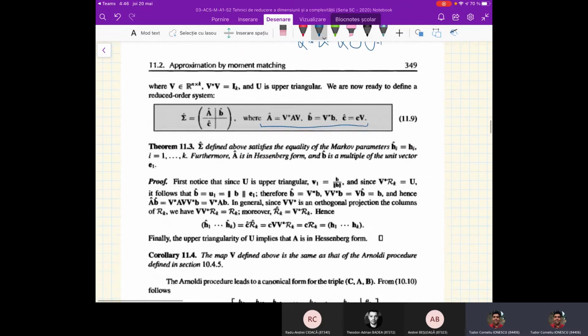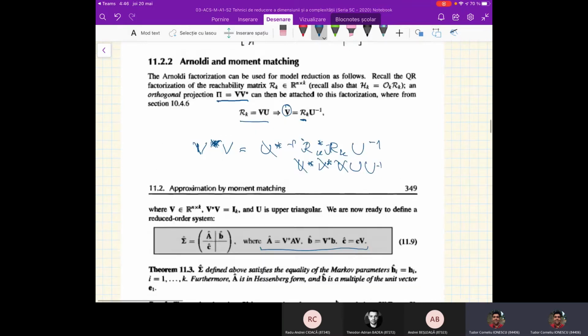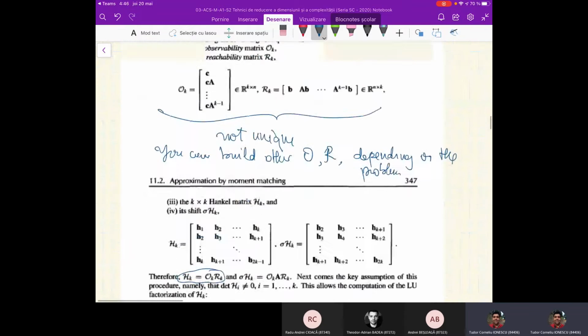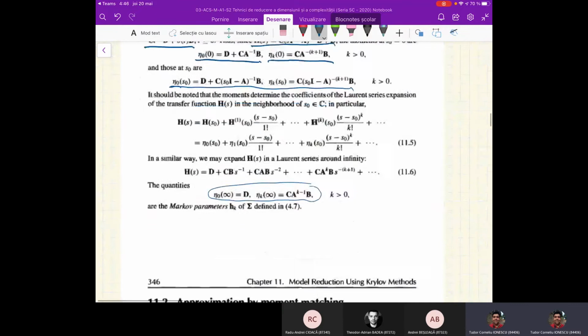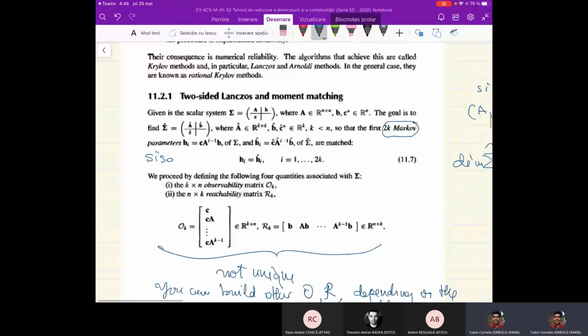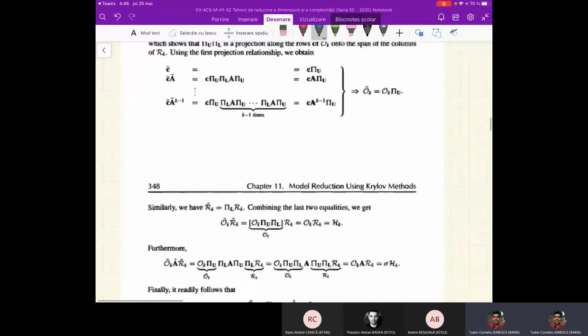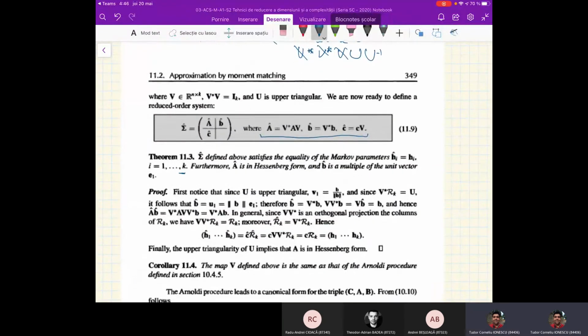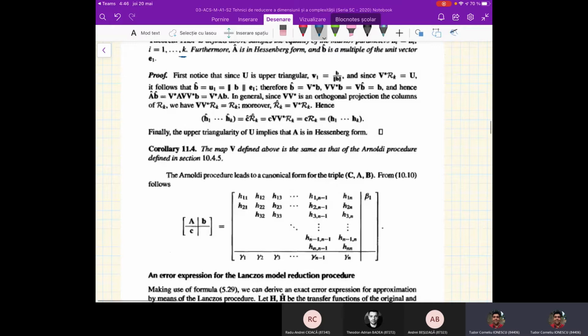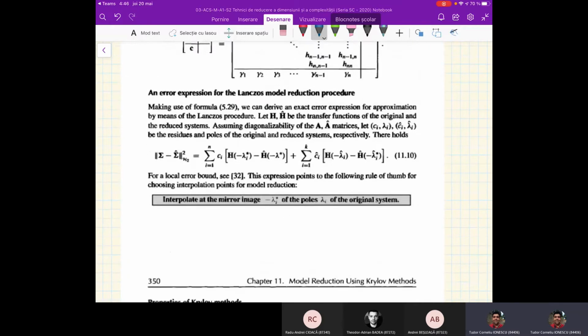Now, the nice result is that this system, defined with these matrices, achieves Markov parameter matching in the sense of relation 11.7, but only from 1 to K this time. And furthermore, A hat is in the Hessenberg form.